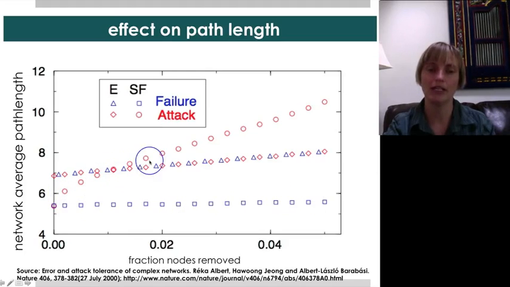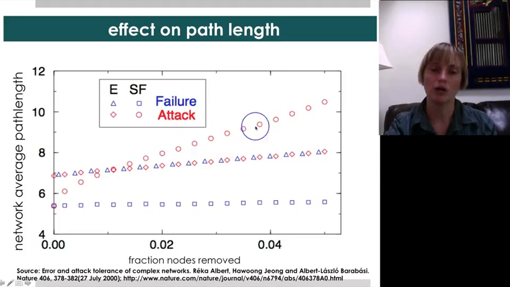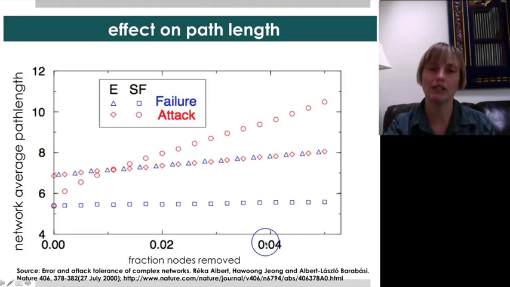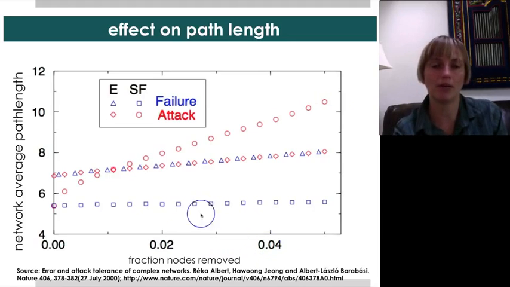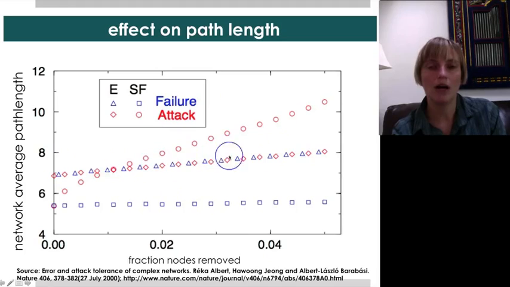This is where you're taking out the hubs. The average shortest path actually starts to grow significantly even while you're removing a relatively small fraction of the nodes. On the other hand, if we look at the exponential network, the Erdős-Rényi random graph, then both failure and attack have almost no effect, just a very slight effect on the average shortest path.